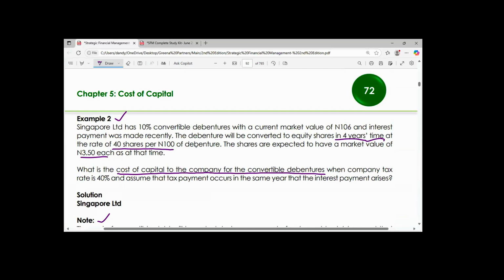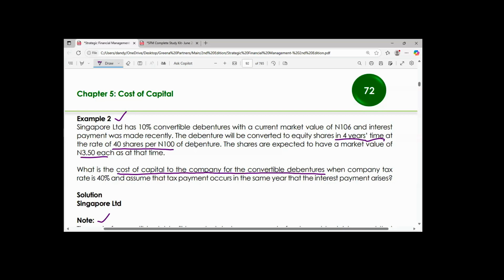So the number of ordinary shares you are going to convert to debenture is 40 shares. 40 multiplied by the market value of 3.50 gives us 140 naira. So conversion value is 140 naira.